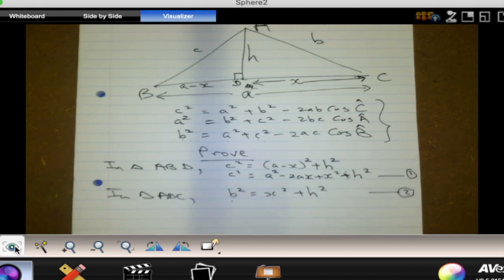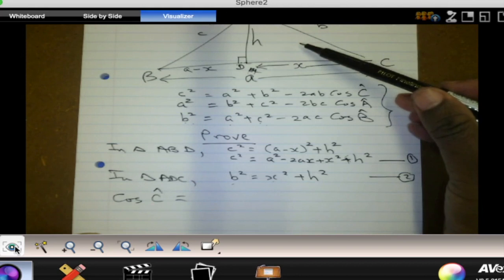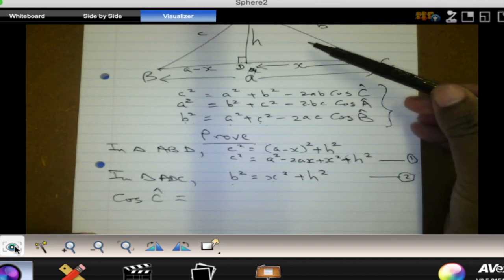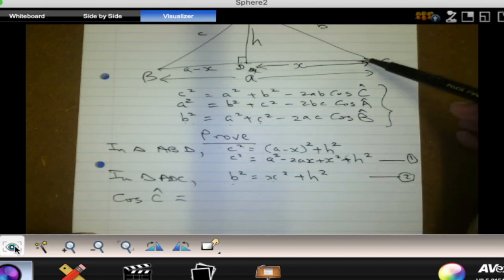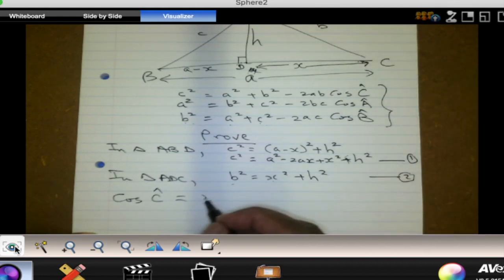Then the third thing I want us to do, I want us to find the cosine of angle C. What is the cosine of angle C? This is a right-angled triangle, and cosine is adjacent over hypotenuse. What is the adjacent side there? For triangle ADC, it's x, right?